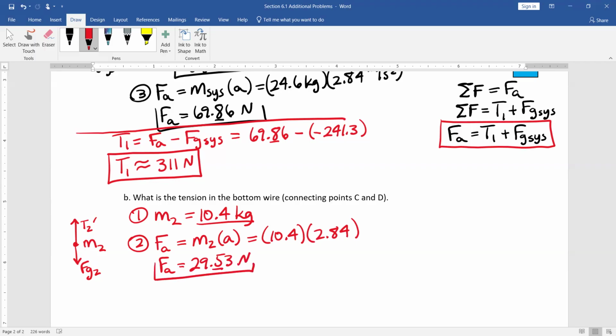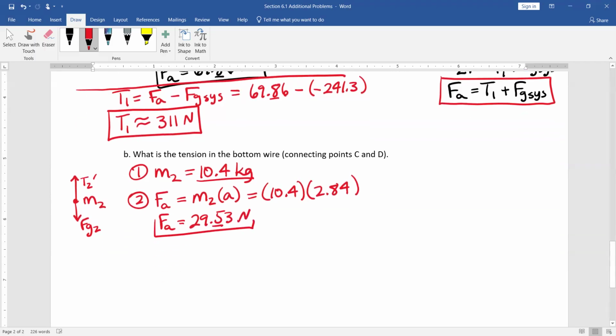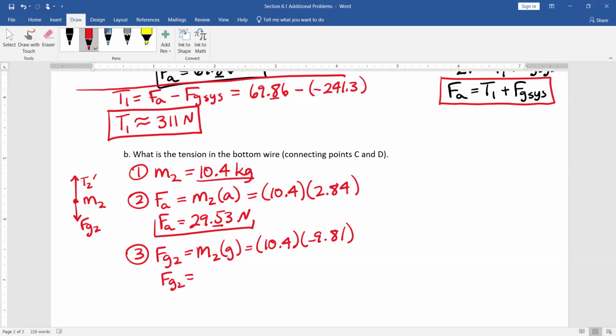Obviously, these are all going to be a bit smaller because we're working with a smaller mass. The third thing I need is the force of gravity on that second box. Same thing, the mass of just the box times gravity, 10.4 times negative 9.81. And so FG2 is 101.92. That's too many significant figures, so 101.9.